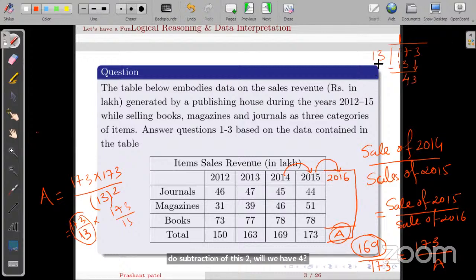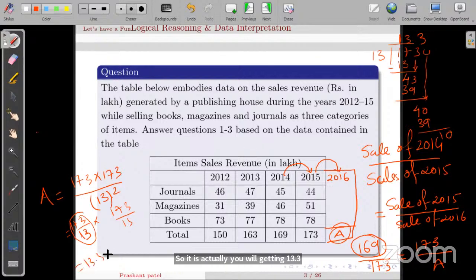Then 13 threes are 39, and subtracting gives 4, so we put 0 here, and 0 will come down. Again we can have 3 here, because 13 threes are 39, and 1 you need to pick. So actually you will get 13.3.